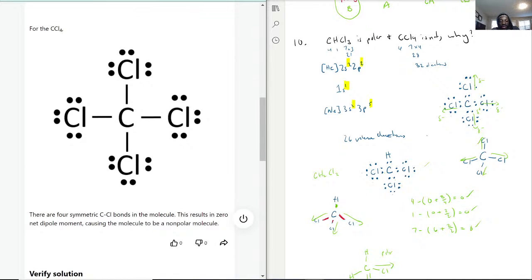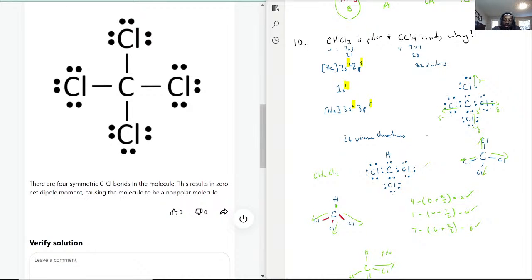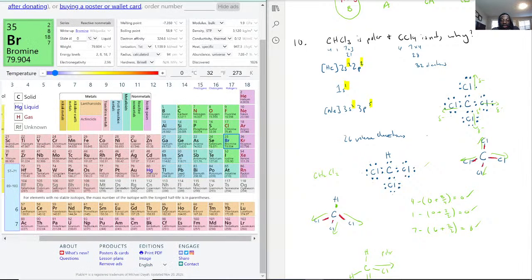CCl4, you see how it's so nicely evened out and spread out. It's because it's four symmetrical C-Cl bonds. Now, with that being said, don't forget that these still count as polar bonds themselves, but because the polar bonds are going the exact opposite way in each direction, overall it becomes non-polar.